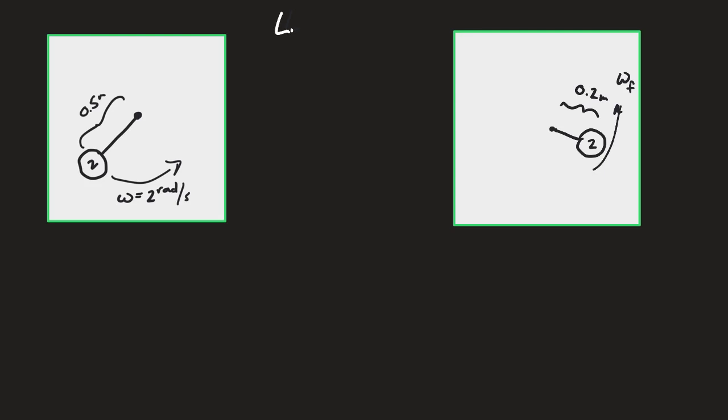So the angular momentum before has to be equal to the angular momentum afterwards. Since there is a change in the moment of inertia, this is similar to what happens when the ice skater brings her arms in.